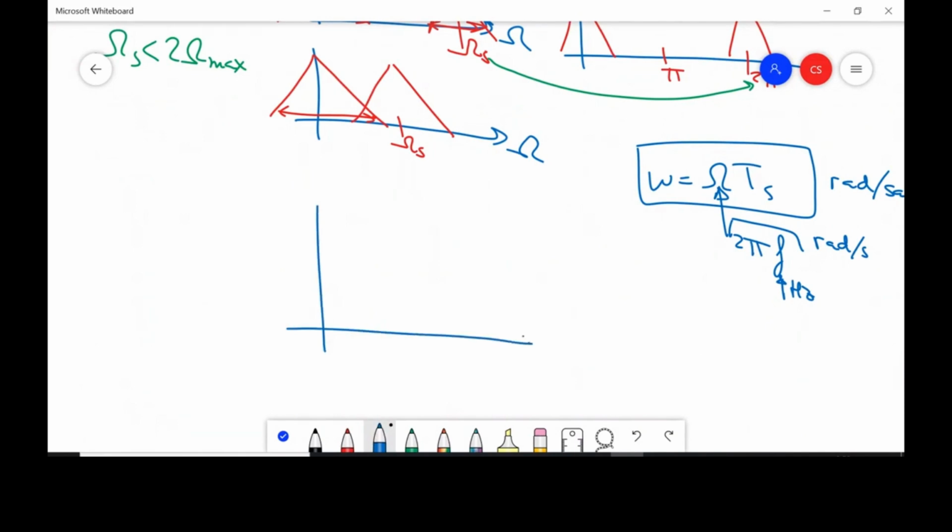This is time, and we have a signal like this. So this is x of t. And we take very few samples. If we take very few samples, let's say, for instance, we take this one, and then this one, and then this one, and then this one. So it has some associated frequency, but now let's say that we take many, many more samples. So we take this one, this one.